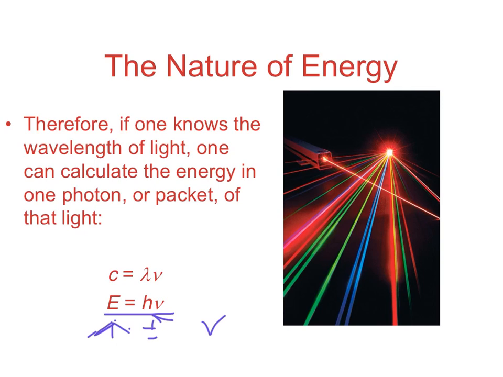So if I give an object a certain amount of energy of a certain frequency, I can cause an electron to come off. It's got to be high enough. If I want more electrons to come off, I need to give it another whole packet. So I need another higher frequency to get the second and third and subsequent electrons or photons to come off.